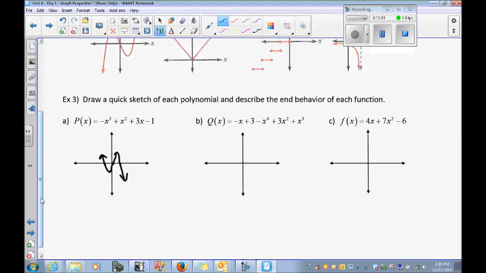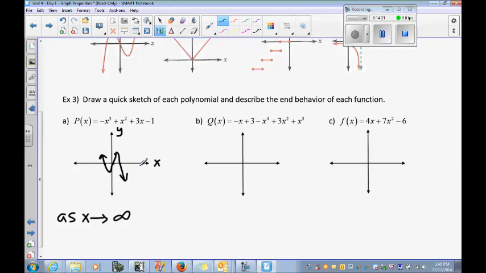Now we're asked about end behavior. Okay, well, if we look at the end behavior over here, as x goes towards positive infinity, because this is my x-axis and this is my y-axis, correct? We should all know that.